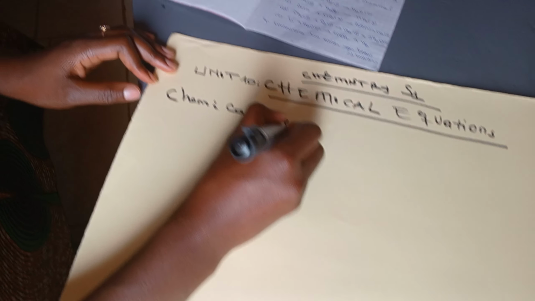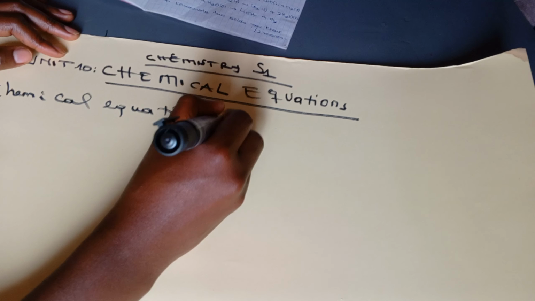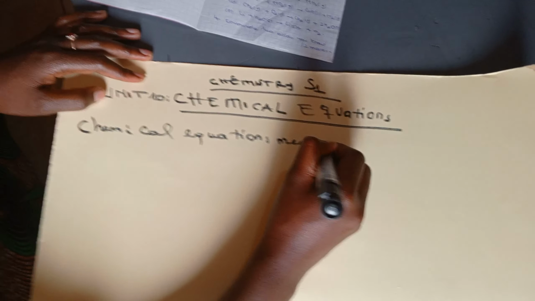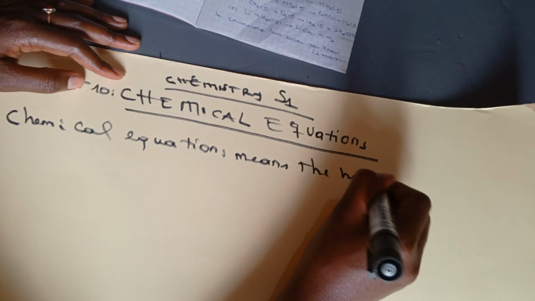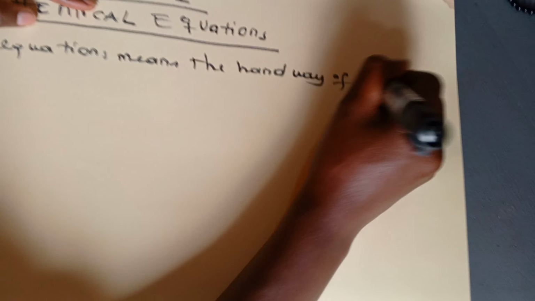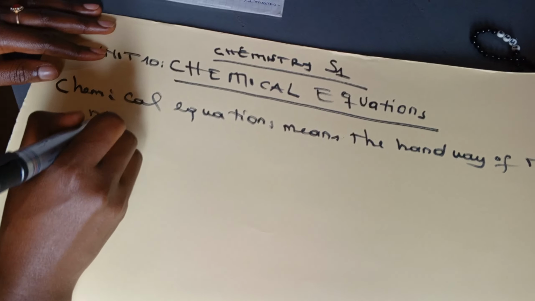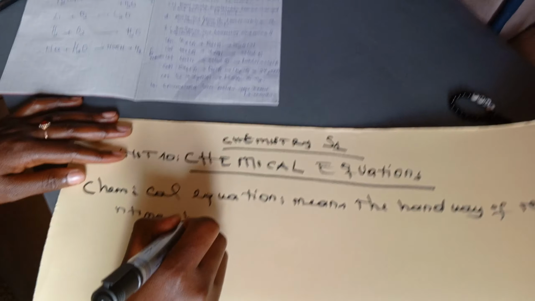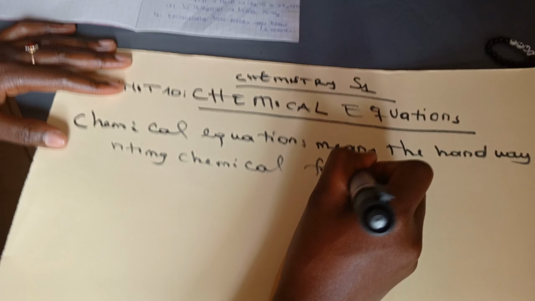Here we can start by saying what chemical equations are. Chemical equations means the shorthand way of presenting chemical formulas.